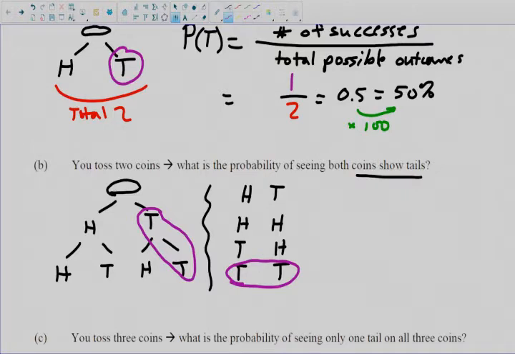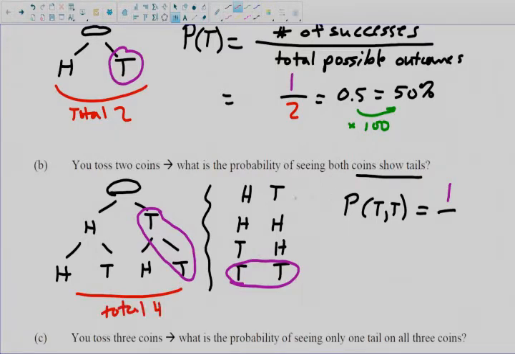So again, our probability of tails tails, we have one possibility out of what total? Well, if we look at the tree, we have a total of 4. If we look at the chart, we also have a total of 4.